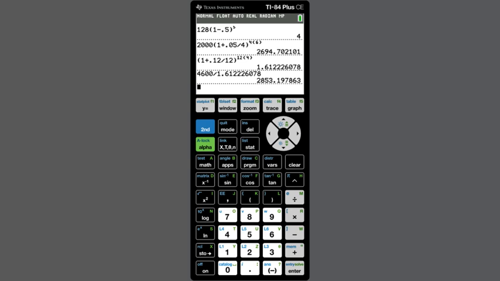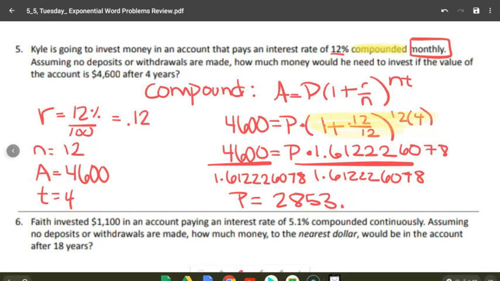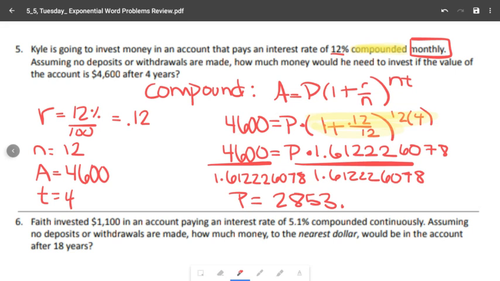And again, it does not tell you where to round, which means 2 decimal places like we did on the last one. So 2,853.197. The 7 tells the 0.19 to go up. So rounding 19 up goes to 20. And again, like on the last question, that 0 does have to be there on the end.